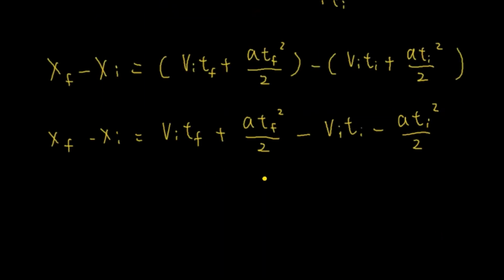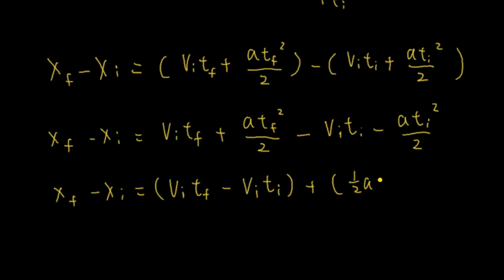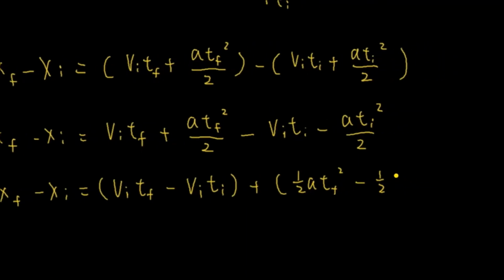Now let's group the like terms together. So we keep the same on this side. So let's put the v sub i times t sub f minus v sub i times t sub initial, right? Let's put that together. Plus, now this one would be, okay, let me write this as half acceleration t sub f squared minus half a times t initial squared.